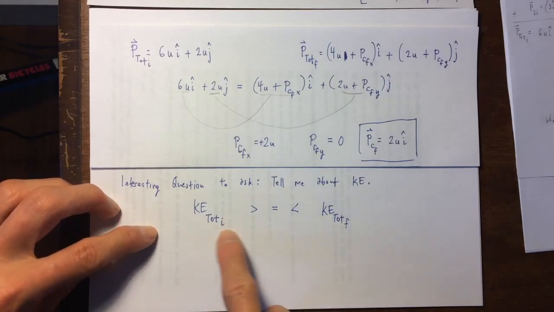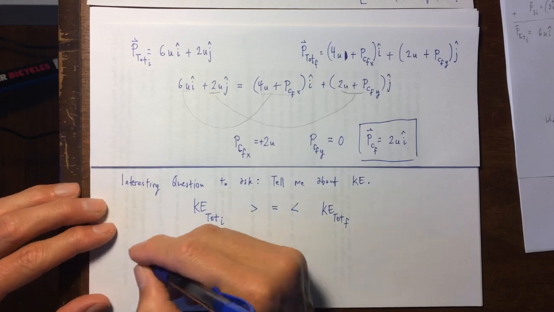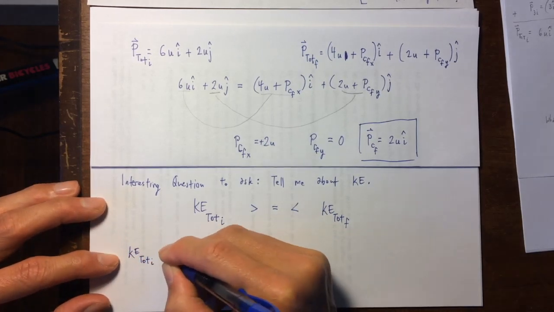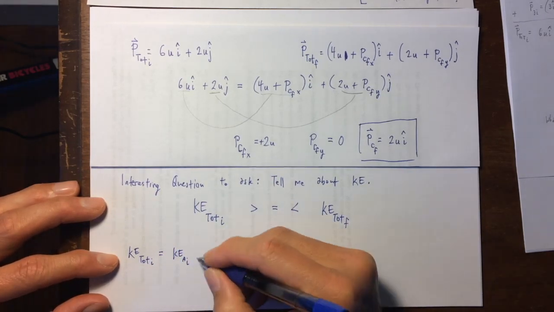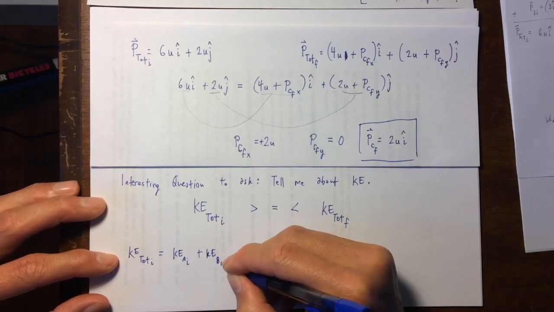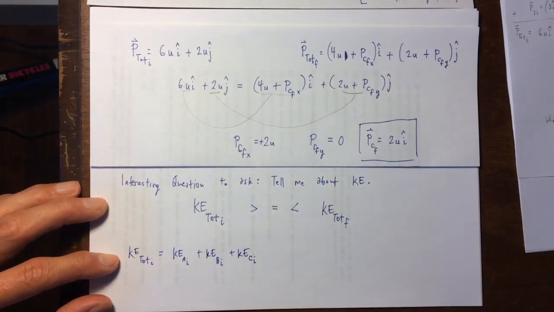Okay, so in order to do this, I'm going to use that the total kinetic energy before is equal to just the kinetic energy of object A before, or initial, plus the kinetic energy of object B initial, plus the kinetic energy of object C initial.